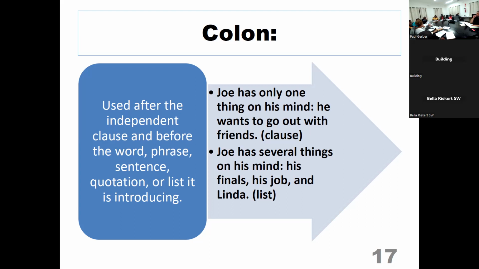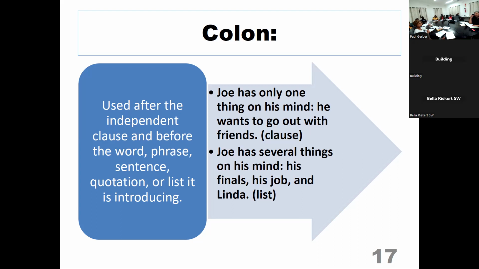Okay, so the way that the colon is being used today, the same as if you want to use a comma, there is only one thing in his mind, comma. Yes. But now you see the reason why they're not using the comma, because there's a list coming up. You see the second example.